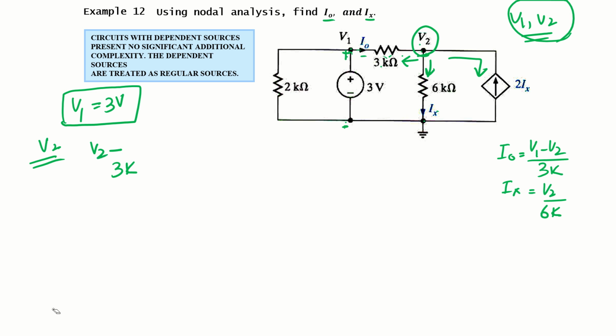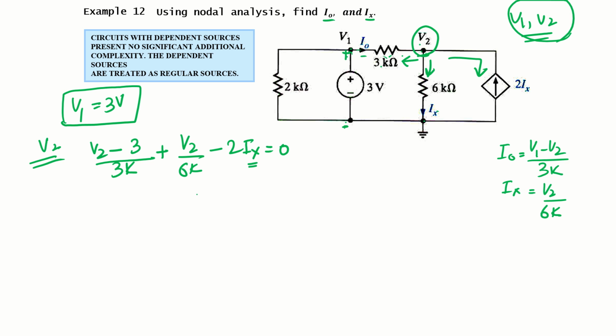So let's use that value here. V2 minus 3 volt, plus through 6 kilo, V2 minus 0 divided by 6k, and lastly the dependent current source current, which is minus 2 times Ix, equal to 0.